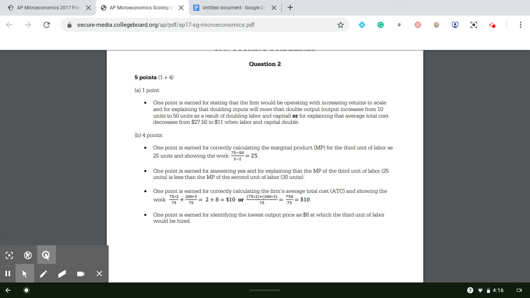And we talked about the lowest output price being $8 because the third unit of labor costs $200 and produces 25 more units. That's $8 per unit, which means you've got to at least get $8 per unit back in revenue to justify hiring that third worker. Okay. Thanks for your attention.